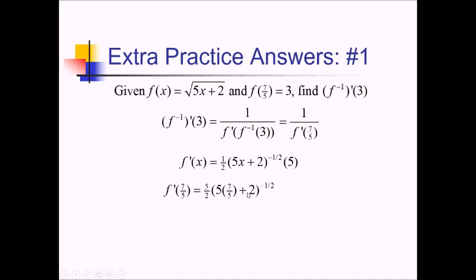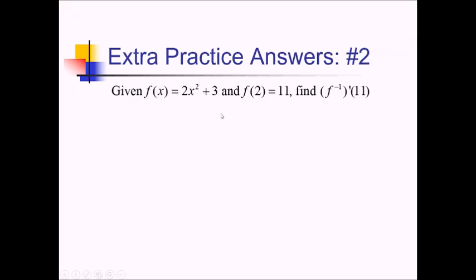So just rewriting this in radical form, I can write this as 5 over 2 times the square root of 9. Well, that's really 2 times 3, which is 6, so we have 5 over 6 for that f prime value. And so that's not the answer, though, because we really have 1 over this 5 over 6 value, which becomes 6 over 5.